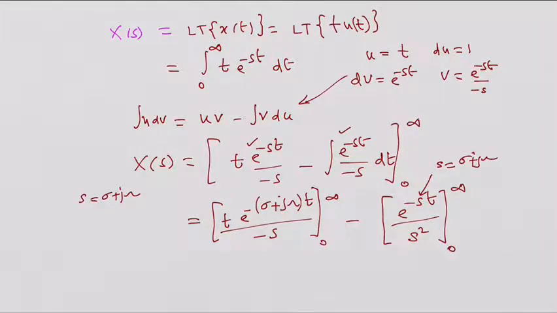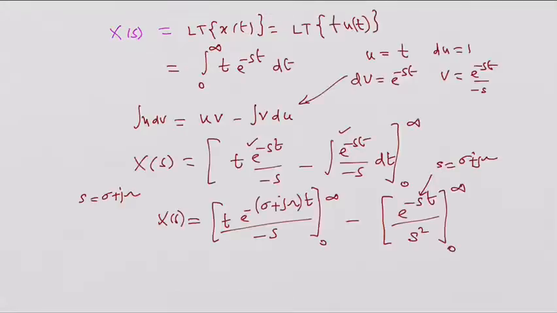Upon making those substitutions, let me show you. What is X of s? X of s is equal to, when you substitute the upper limit in the first term, infinity multiplied by e power minus sigma into infinity, e power minus j omega into infinity divided by minus s, first term.